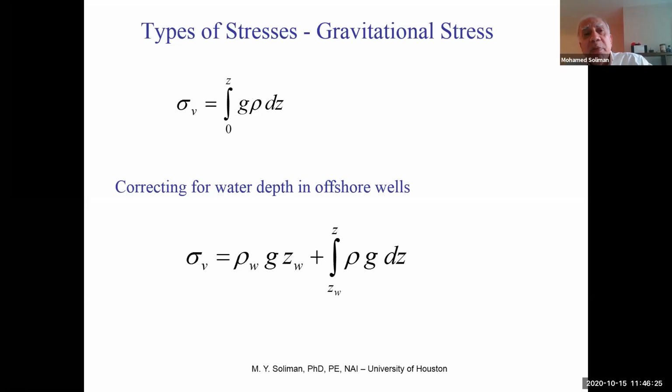If I give you a formation and say, here is the specific gravity of each rock, some of them may be 3.6, maybe less, multiplied by 0.433. If it is a sandstone, it is approximately 2.65.